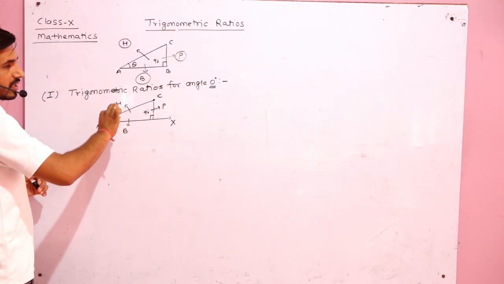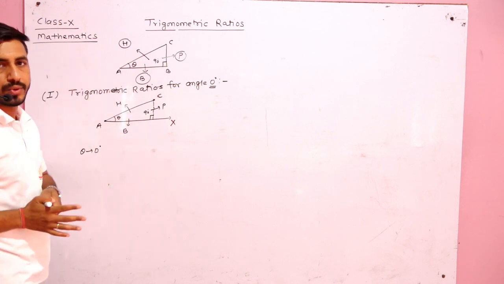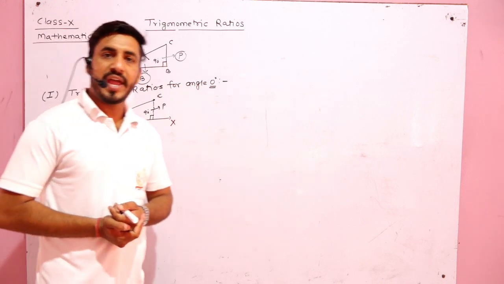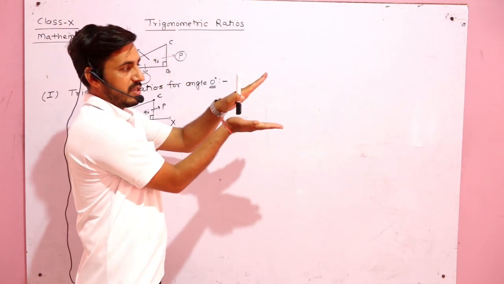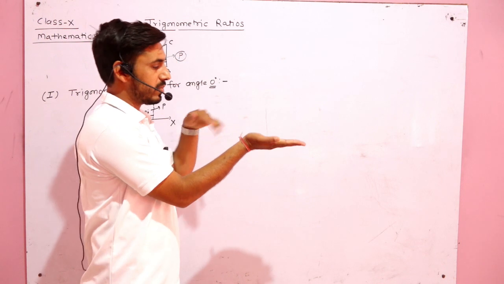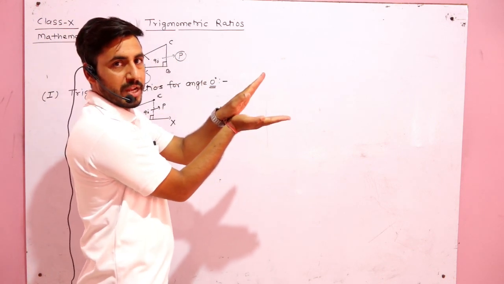I am just making theta tend to 0, which means this angle will be 0. Here this side is the base and this side is the hypotenuse.